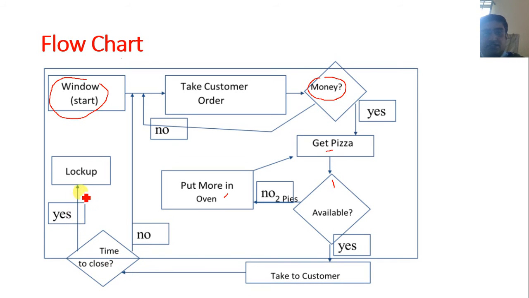If the answer is yes, then lockup will be done, and if no, then you have to again take the order from the customer. And this thing is repeated continuously. From this flow chart we can identify all the effects of the flow.